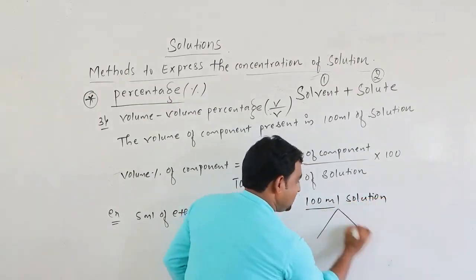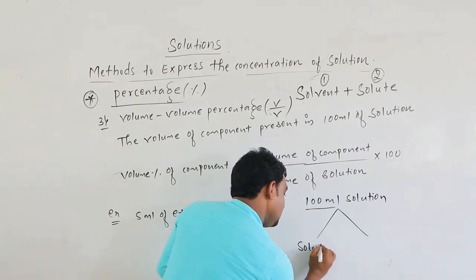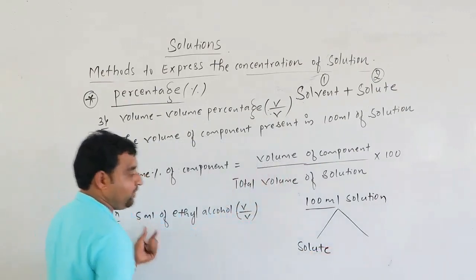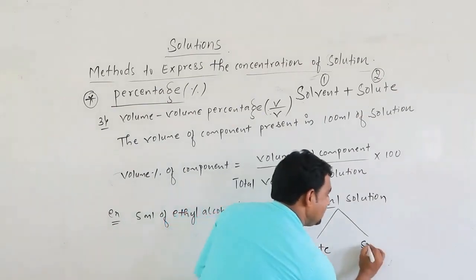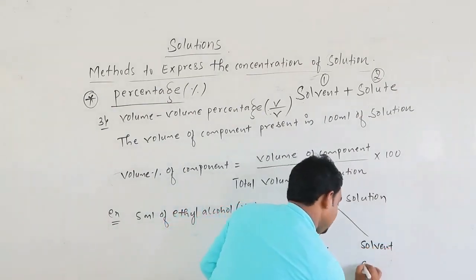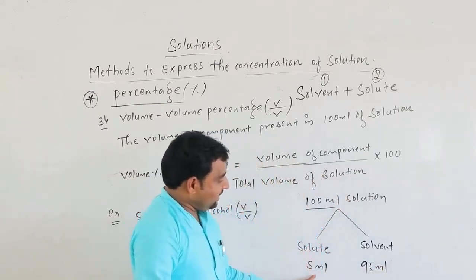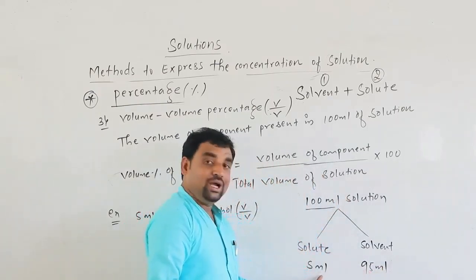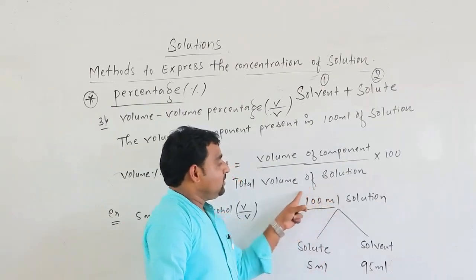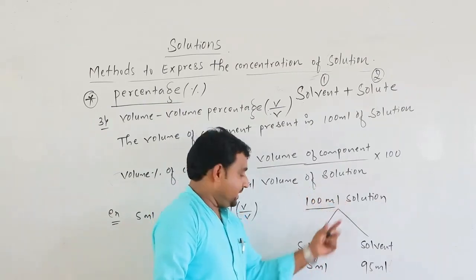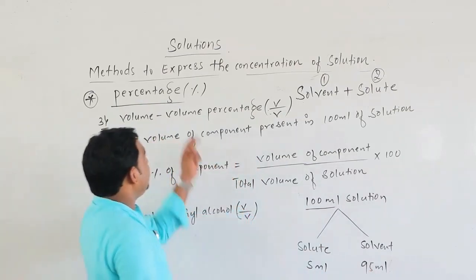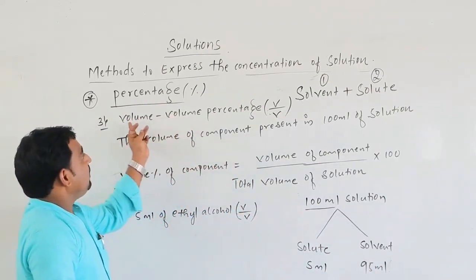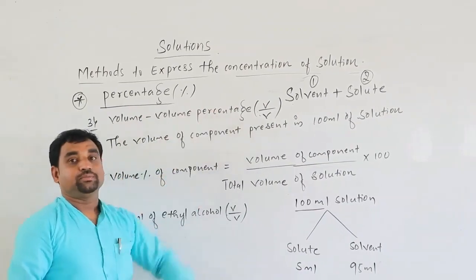Among that, solute is 5 ml and the solvent is 95 ml. So 95 plus 5 is 100. Total volume of the solution should be 100. This is one more method to calculate the volume percentage.